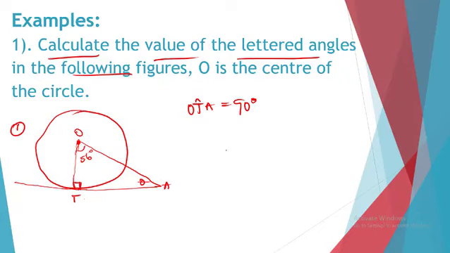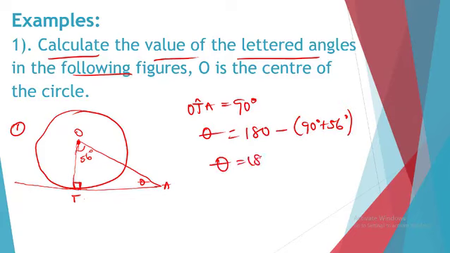Now the angle at A, which will give us theta, is equal to 180 minus (90 plus 56). So we have theta equal to 180 minus 146, which will give us 34 degrees. And that's that.